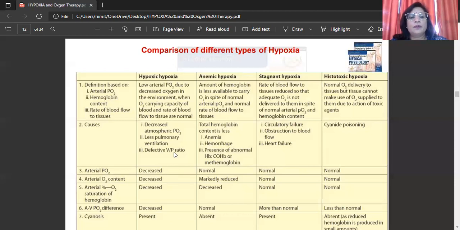Arterial PO2 in hypoxic hypoxia is decreased, whereas arterial PO2 in anemic hypoxia is normal. In stagnant hypoxia, again normal. In histotoxic hypoxia, it is normal.